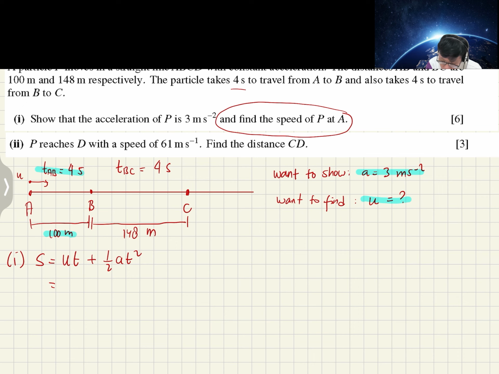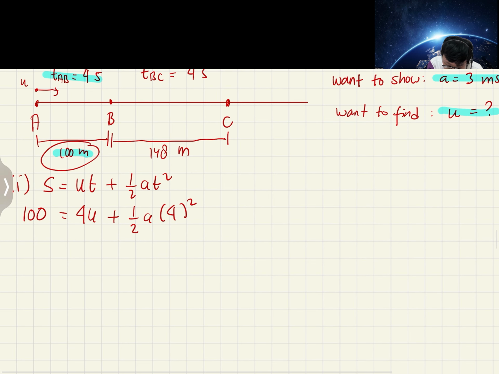So here U is unknown, S is 100, the time is 4 seconds, so it's just 4U, plus half times A times T, which is 4 seconds, squared. Now from here, we can write down 100 equals 4U, and we have 16 divided by 2, plus 8A.